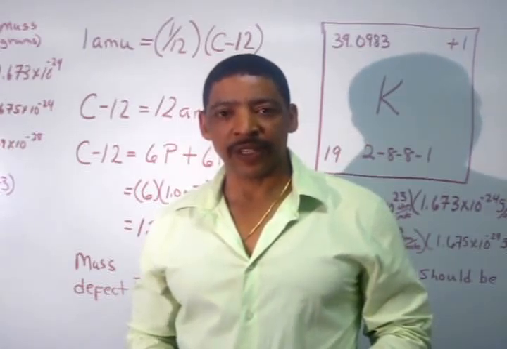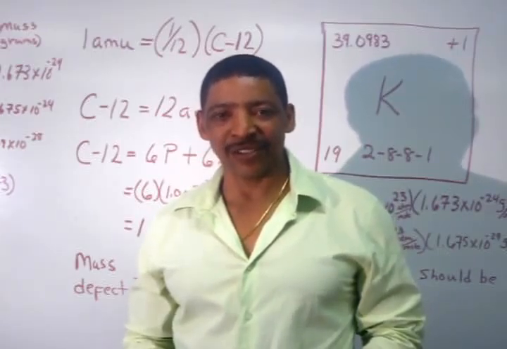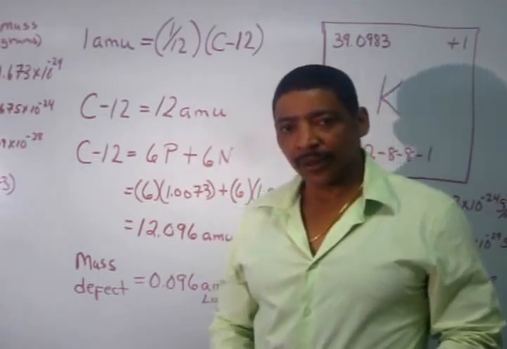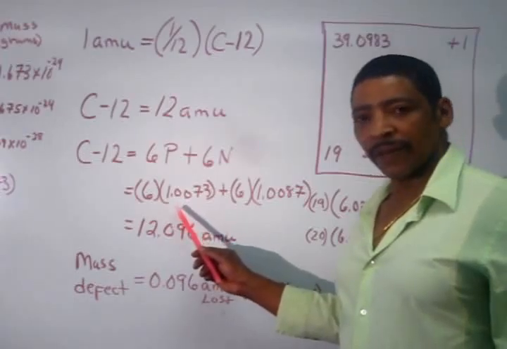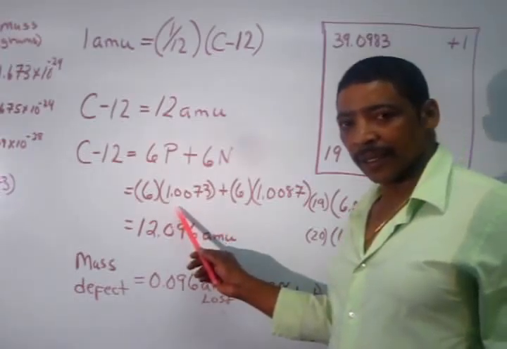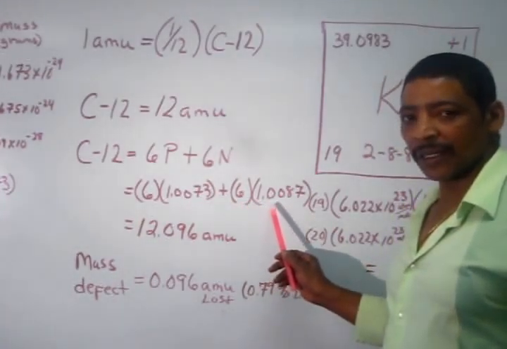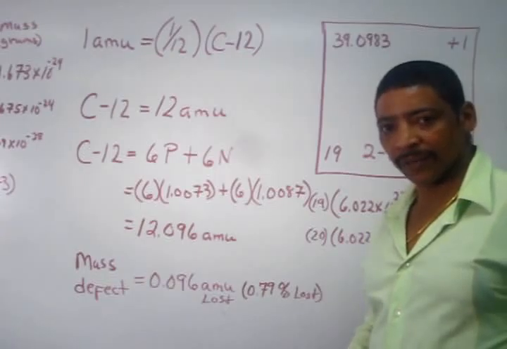The nucleus of this isotope contains 6 protons and 6 neutrons. If this is true, then multiplying 6 times the mass of one proton plus 6 times the mass of one neutron should equal the mass of the carbon-12 isotope.